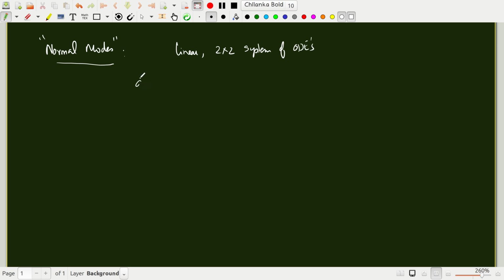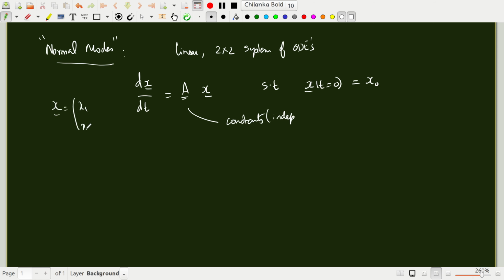That is, I have dx/dt equal to Ax, subject to x at time t equal to 0 is equal to x0. This A is a matrix of constants, independent of x and time, where x is the vector x1 and x2, both functions of time. So just some bunch of numbers.